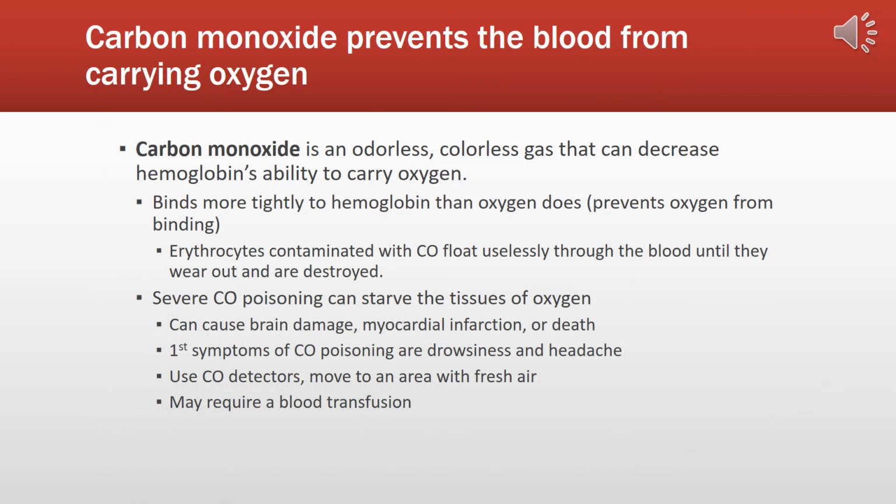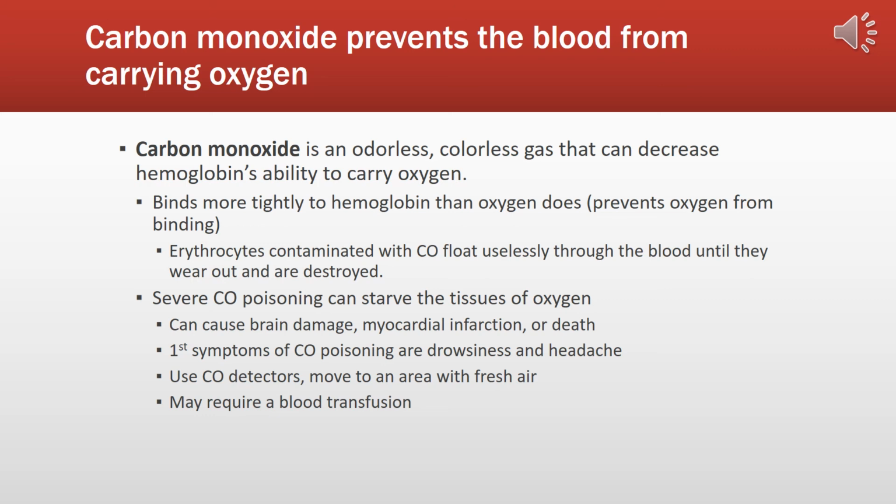Now we're going to talk about carbon monoxide poisoning, which prevents red blood cells from delivering oxygen to your body's tissues. And keep in mind, this is carbon monoxide, not dioxide, so this is CO. And carbon monoxide is a colorless, odorless gas which can decrease the hemoglobin's ability to carry oxygen.